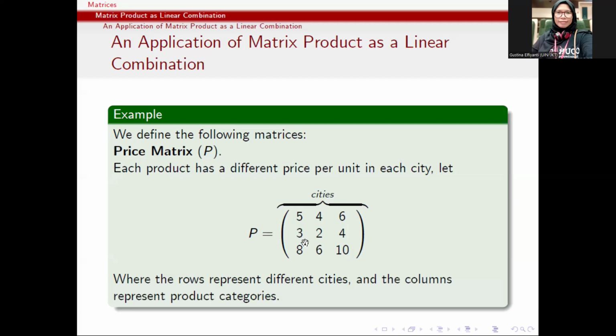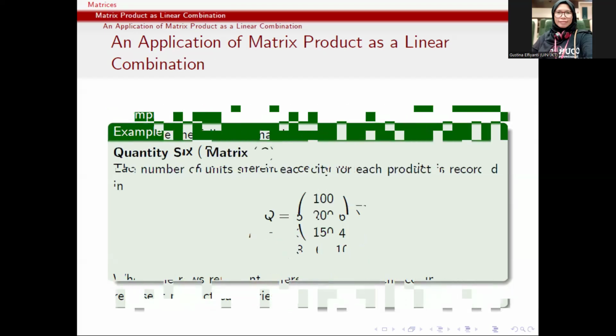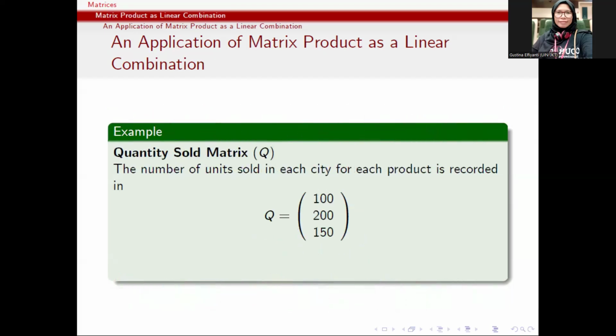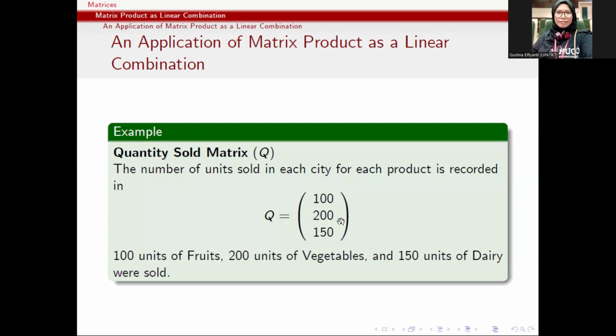And the columns represent product categories. And then we also have the quantity sold matrix. We denote it as Q. The number of units sold in each city for each product is recorded in this matrix. So it means that 100 units of fruits, 200 units of vegetables, and 150 units of dairy were sold.